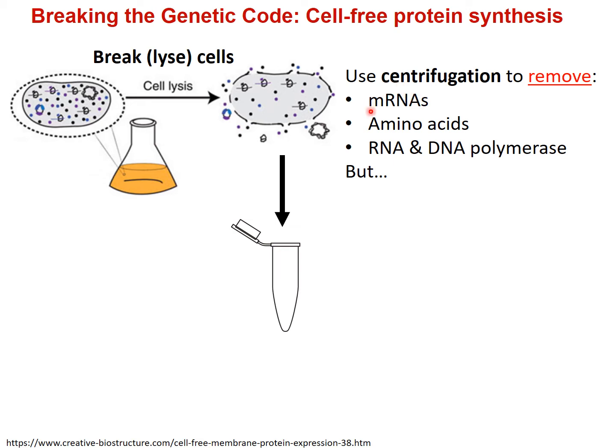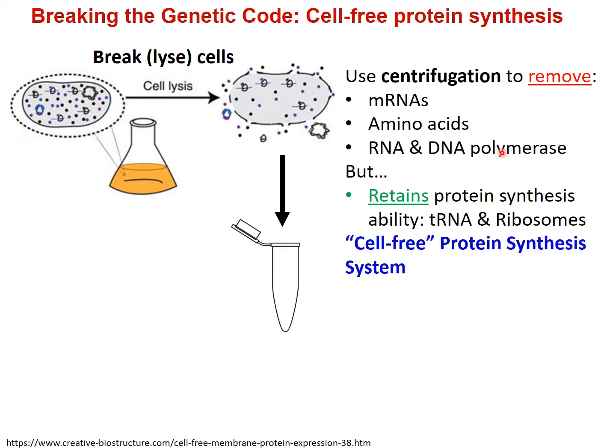They wanted to get rid of messenger RNAs because they wanted to give their own messenger RNA, which is the one that they were synthesizing, shown in the previous slide. They wanted to put in the amino acids, and that's going to be very important. They wanted to get rid of DNA and RNA polymerases, so no new RNAs could be synthesized, but they wanted to keep some things. They wanted to keep the ability to synthesize protein, so they had transfer RNAs and ribosomes. Right? And so this is what was in the cell-free protein synthesis system.